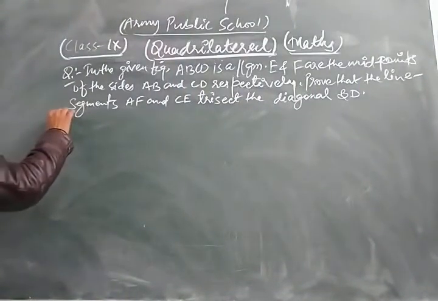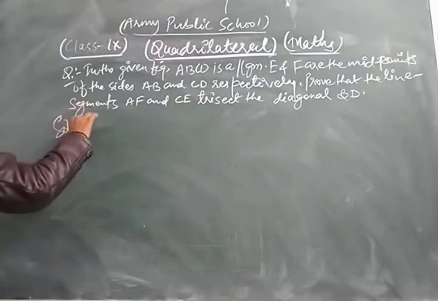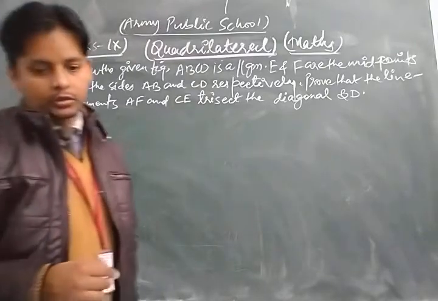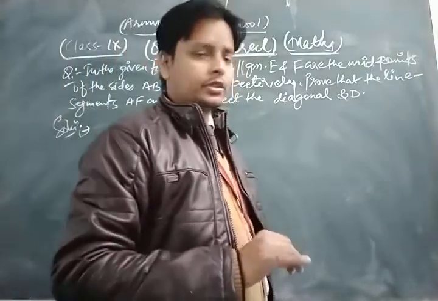Now let's see the solution. First of all, ABCD is a parallelogram, as it is given in our question. Now look.